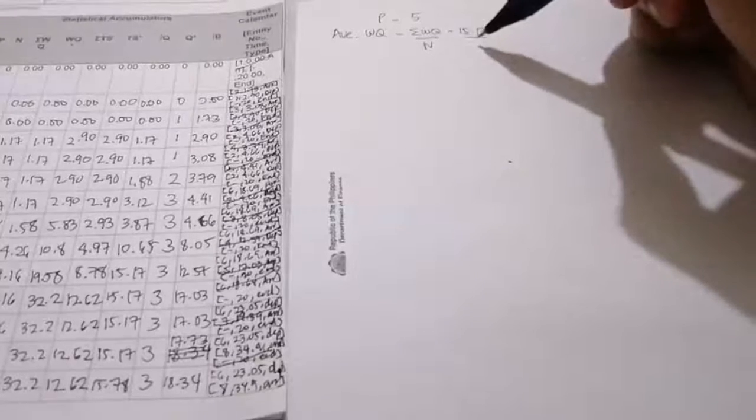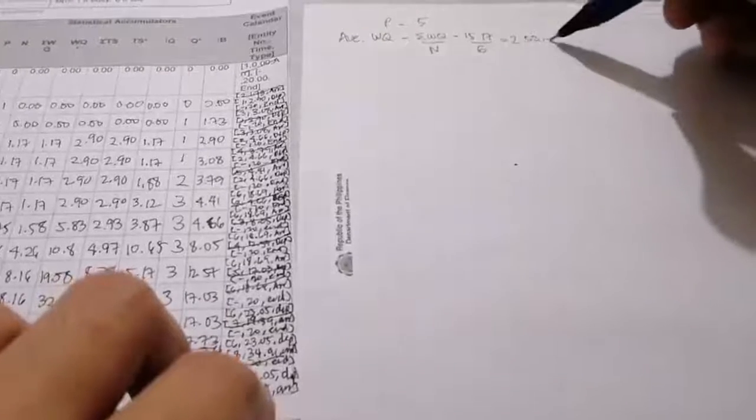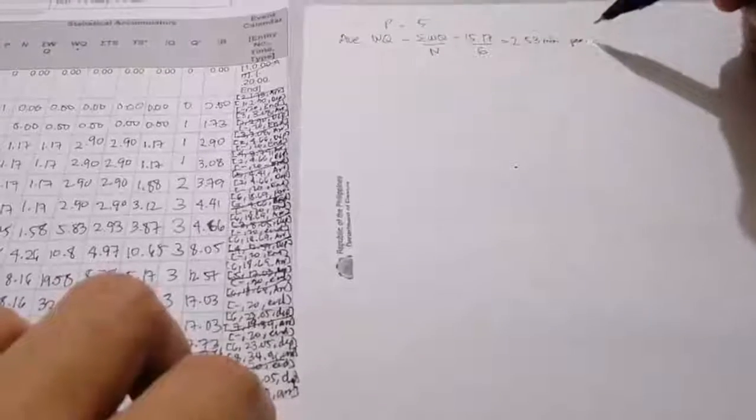So, n, 15.17 divided by 6, it's 2.53. 2.53 minutes per entity. So this is the average waiting time in queue.